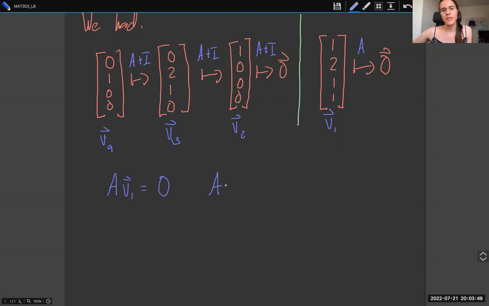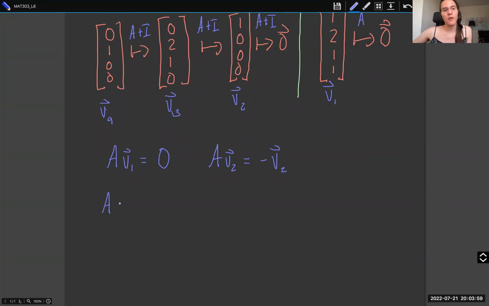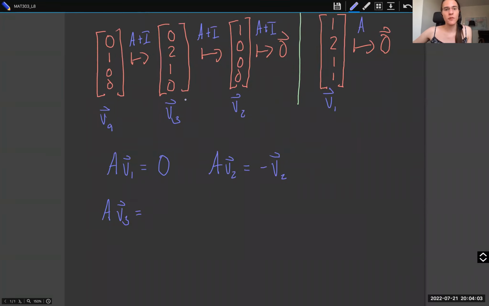A of V2 is equal to negative V2 because it's an eigenvector, right? A of V3 is going to equal V2 minus V3. And A of V4 is going to equal V3 minus V4.